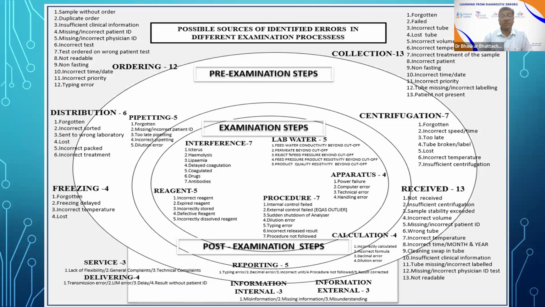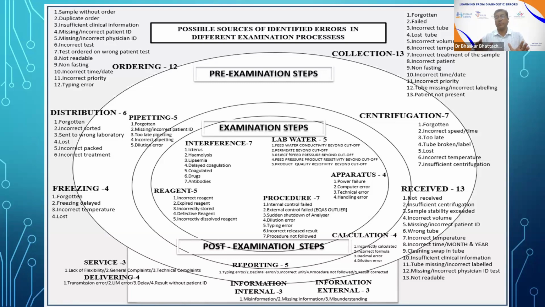So these things are very, very important. And if the slides are shared, then everyone can go through it. It's detailed information on the various examination steps. Even there is a concept which has come now: the pre-examination step, which is the patient preparation, and the post-examination step, which covers delivery of the report.